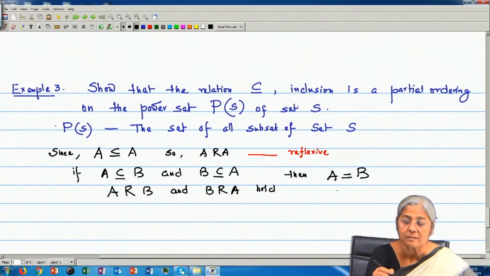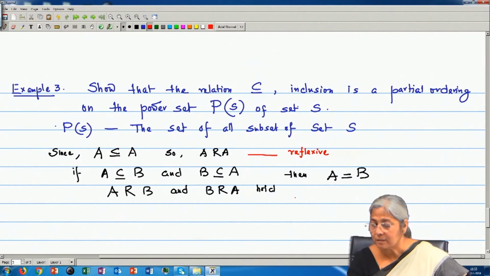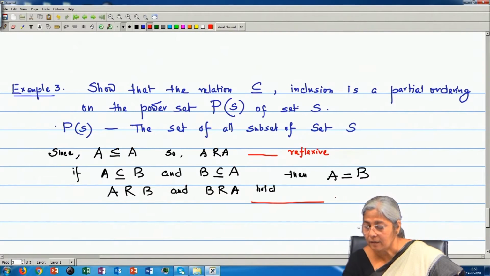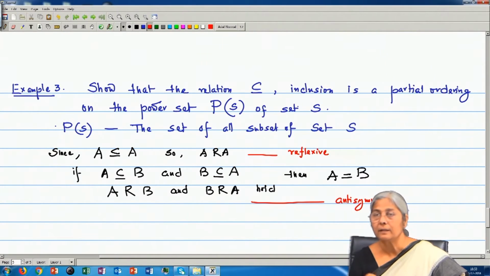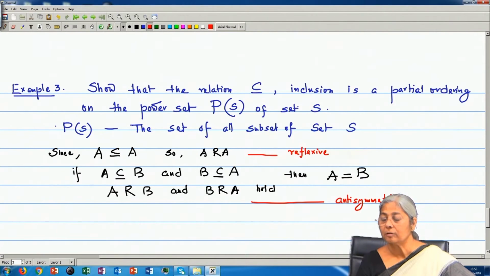That means it is antisymmetric, because if A equals B, the condition of the antisymmetric property is false, and so it is vacuously true.